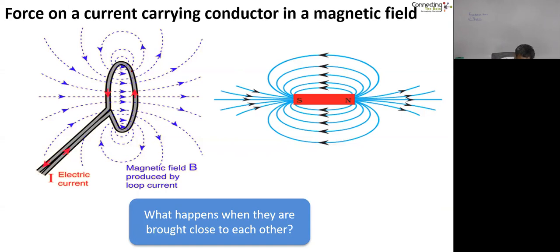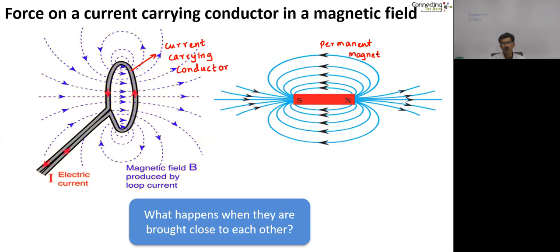So clearly, when a current carrying conductor, and this is our current carrying conductor, which was converted into a temporary electromagnet because of the electric current, is brought near a permanent magnet, and this is our permanent magnet, then they exert a force on each other.